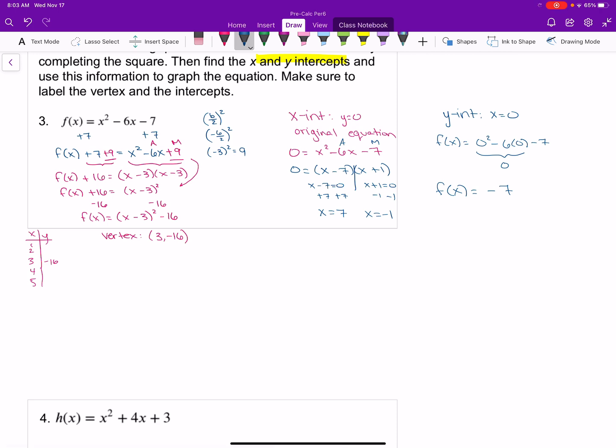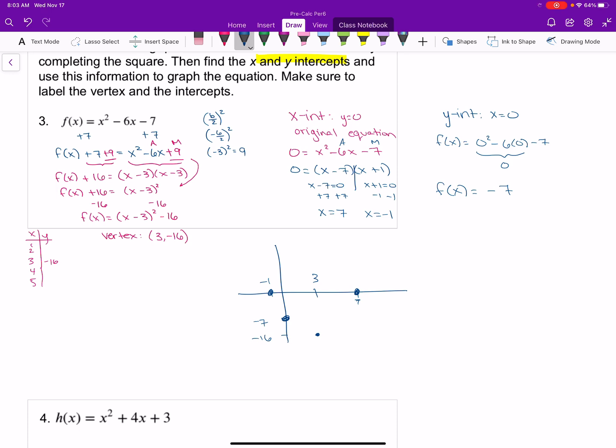So now graphing, we're going to use this information to graph. I need to put my vertex. That's going to be my turning point. I'm going to need to put my x-intercepts and my y-intercept on the graph.